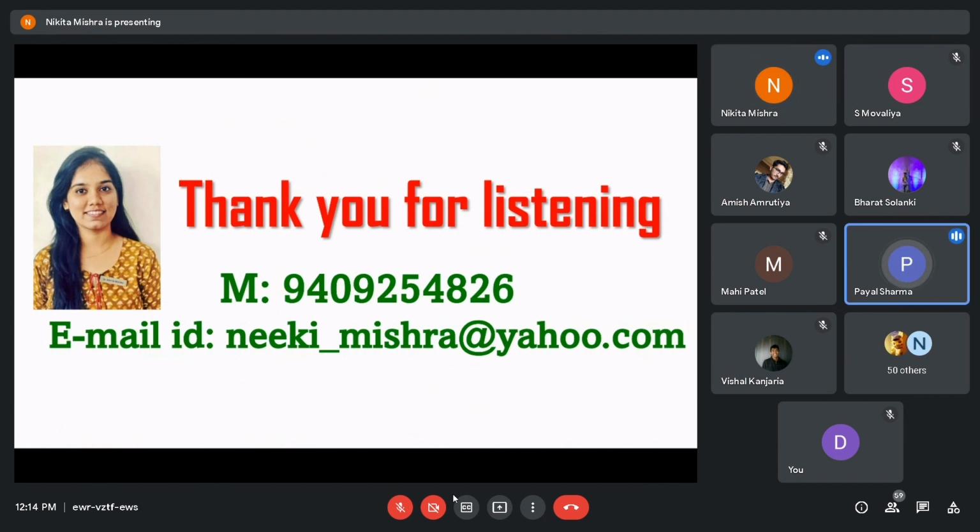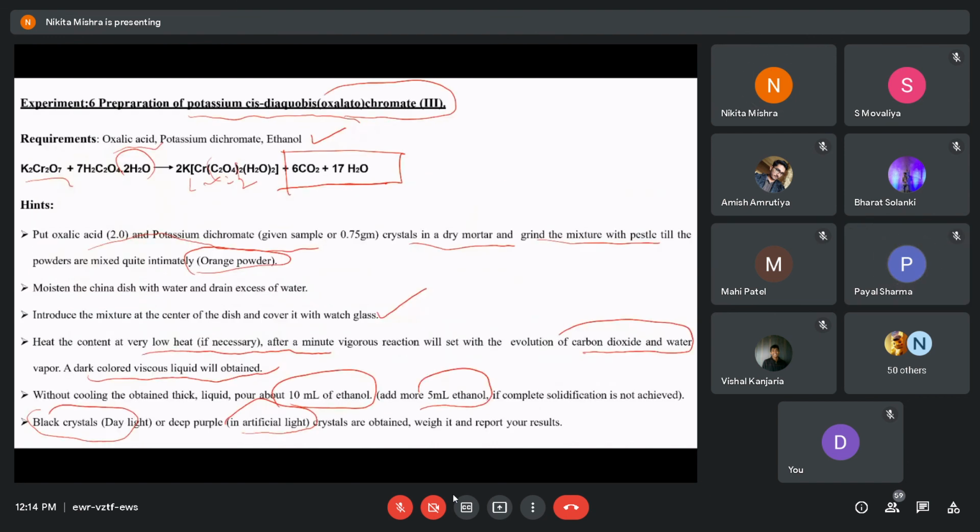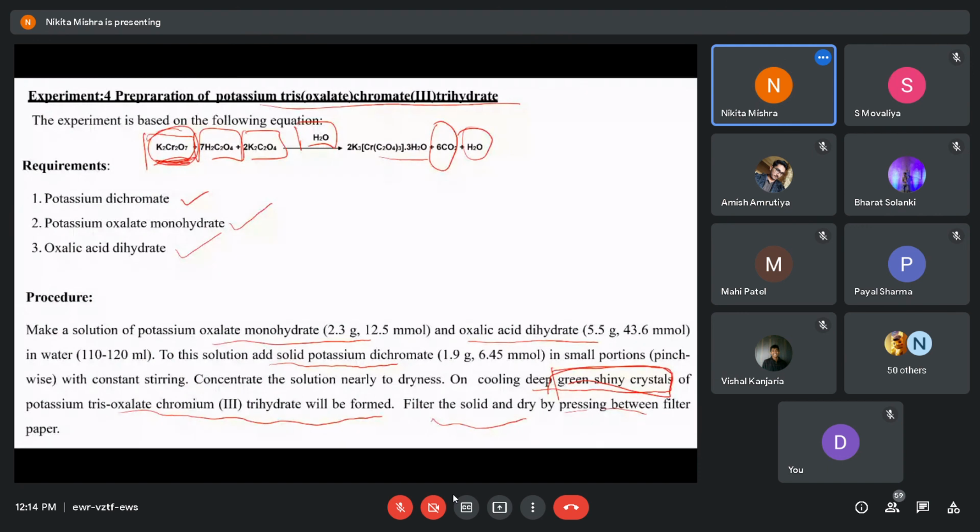Ma'am, what is the role of potassium oxalate in experiment 4? Potassium oxalate is added to the potassium dichromate.